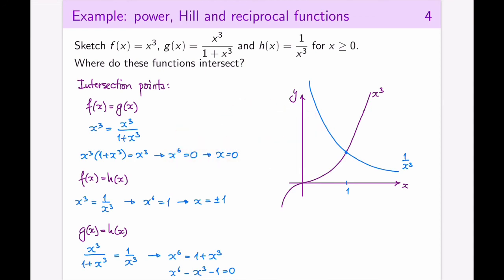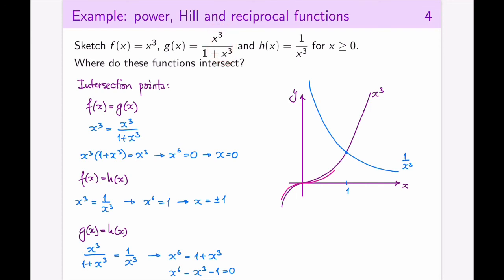Okay, so being the Hill function, for small values of x, it's going to look like x cubed, which means that near the origin, it's actually going to look exactly like this function right here. So I'm going to mimic this behavior near the origin, just so that we actually do have two different graphs. I'm going to make it slightly, not exactly on top of each other. Okay, what happens next? For large values of x, it's going to look like x cubed over x cubed, or simply 1.